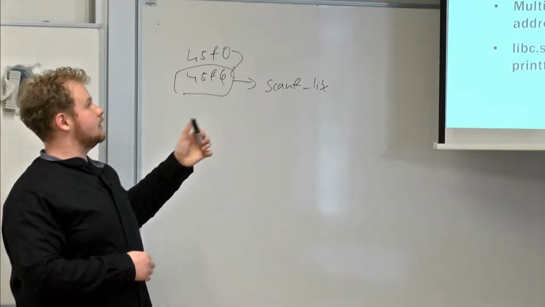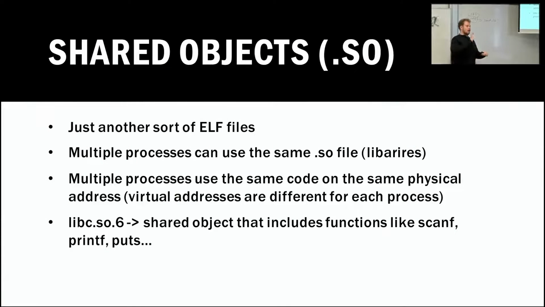Okay, so we'll talk a little bit about shared objects, just because libc, the majestic word that I'm using everywhere, is a system library that's filled with functions like scanf, puts, and so on. You already know this. You maybe do not know how exactly shared objects work. Don't worry, I don't either. I'm still learning.